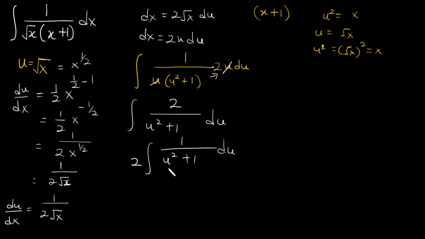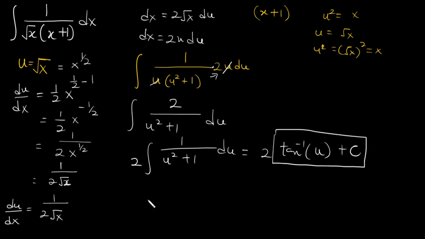So if we integrate what you have here, you are going to have 2 multiplying the tan inverse of u, plus the constant of integration c. Let's look at the reason why we are going to have tan inverse of u plus c.